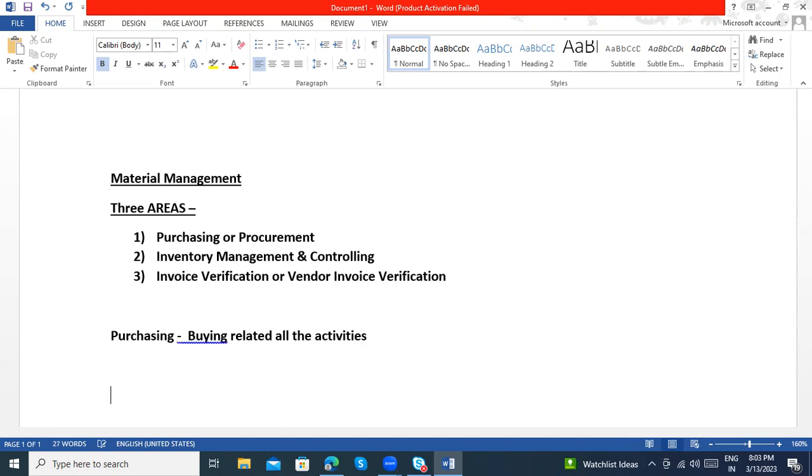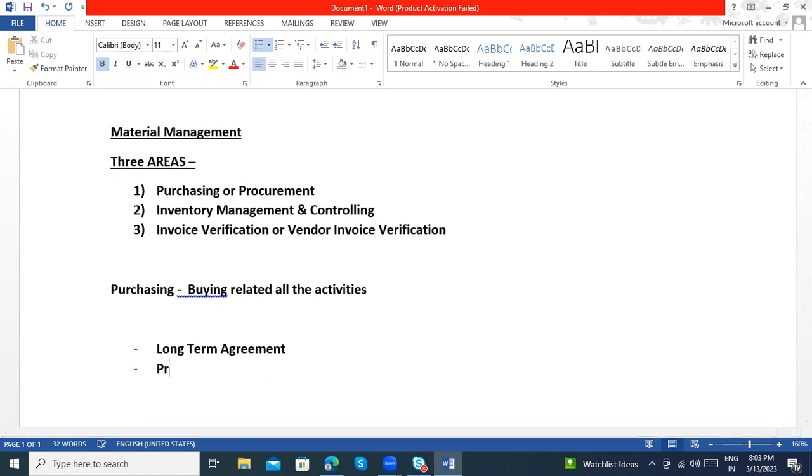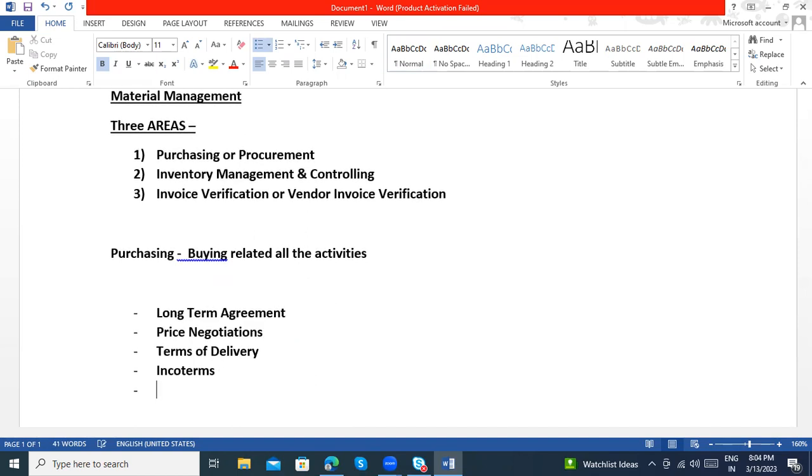So maybe long-term agreements, and price negotiations, and terms of delivery, and Incoterms, and freight charges negotiation, and tax related information, because vendors are from different states, right?